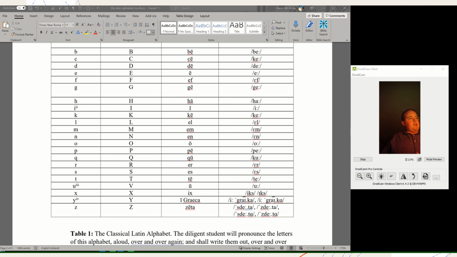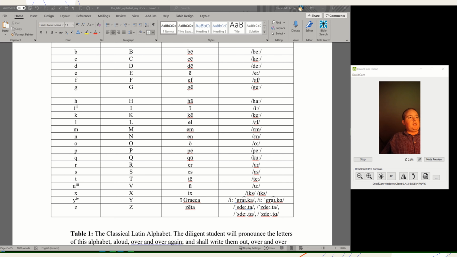Now I have X, the letter X, and this actually counts as two letters when it comes to prosody and syllable division.